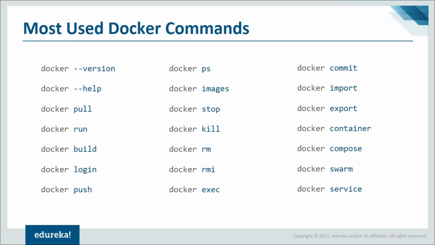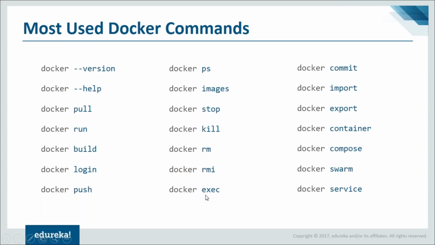Some of those commands are Docker version, Docker help, Docker pull, Docker run, Docker build, Docker login, Docker push, Docker PS. Here PS stands for Docker processes, and this command is used to see what are the active containers currently. And then you have Docker images, Docker stop, Docker kill. There is Docker RM, which of course stands for Docker remove, Docker RMI, which stands for remove images.